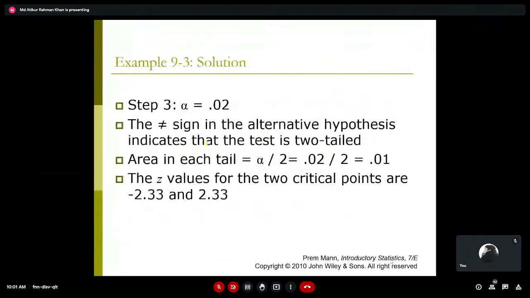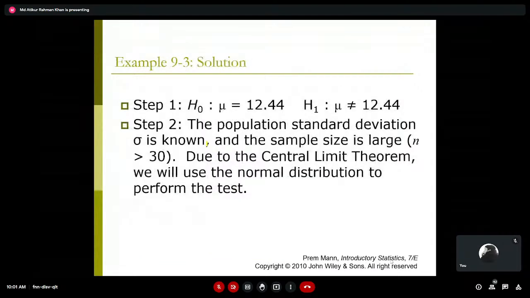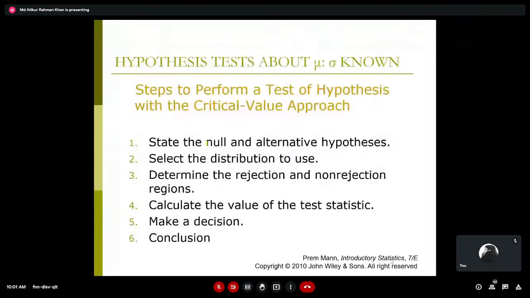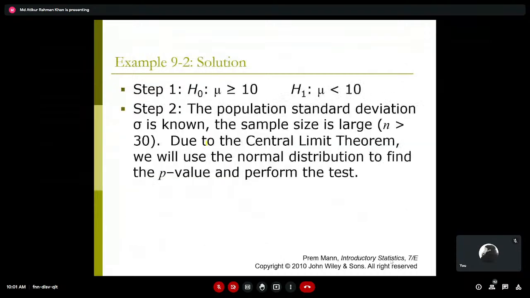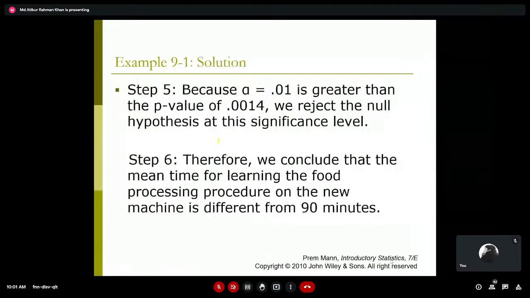Now, look at the critical value approach. I think we have also done this one in the previous lecture, right? The markup is gone somehow, maybe. We also have discussed this one.